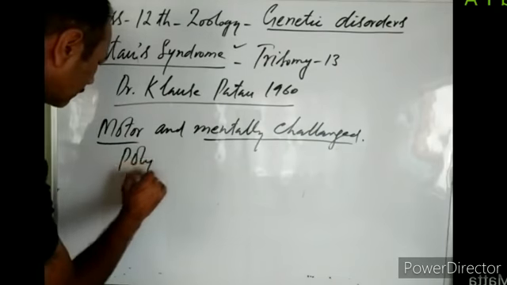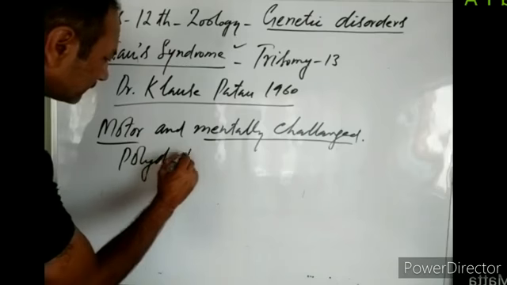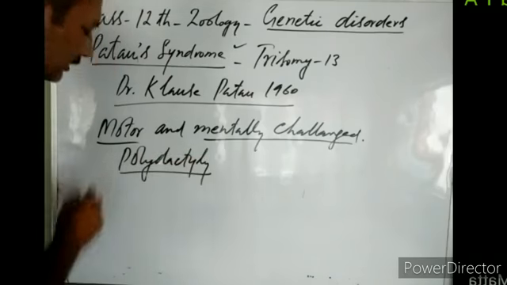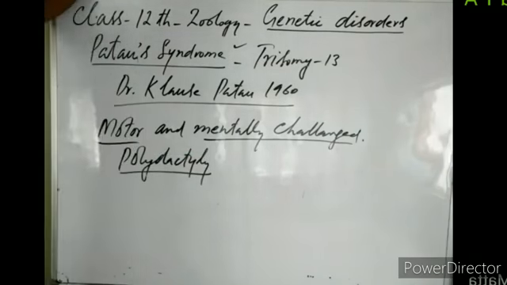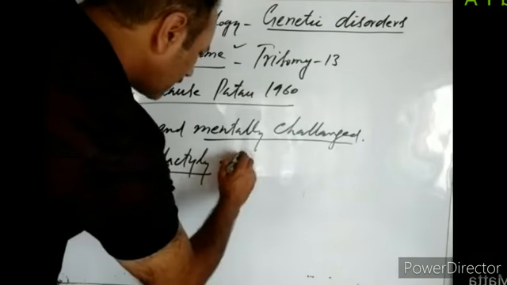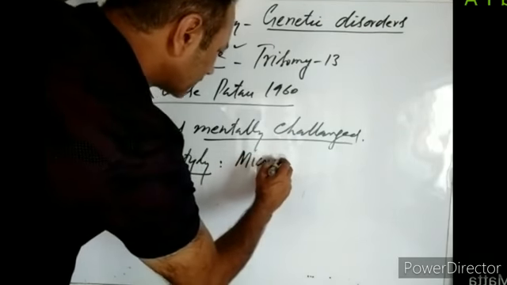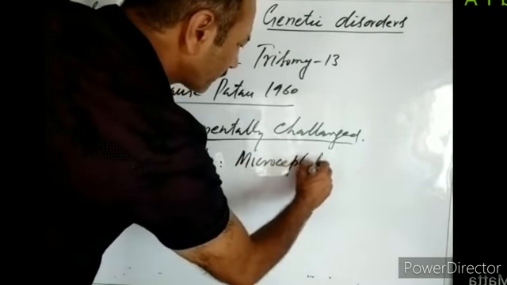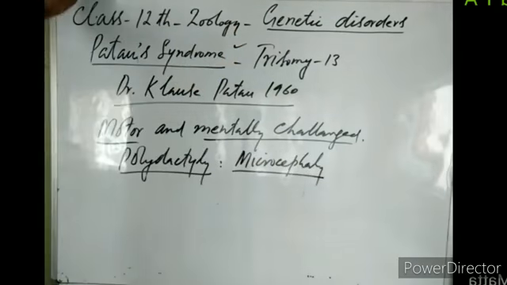They also show polydactyly. They may have extra fingers and toes in their hands and feet. They may also suffer from microcephaly, a small head.